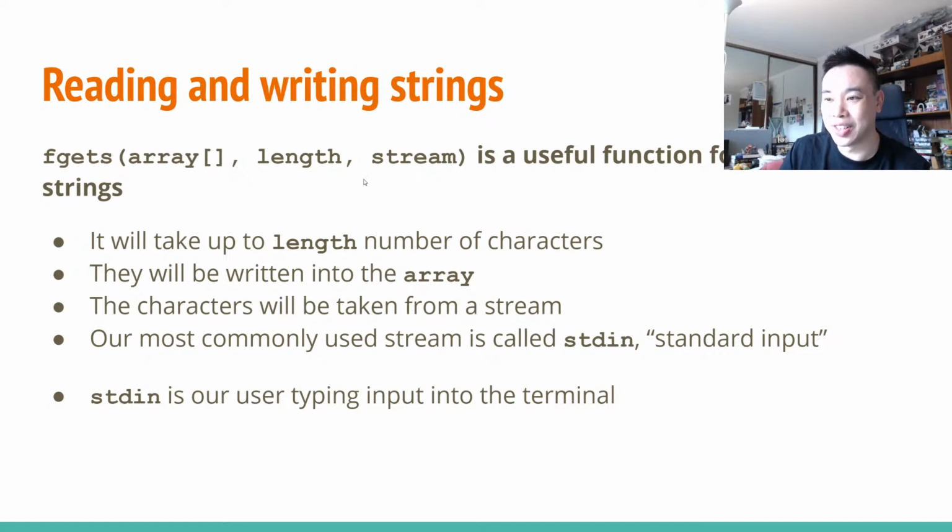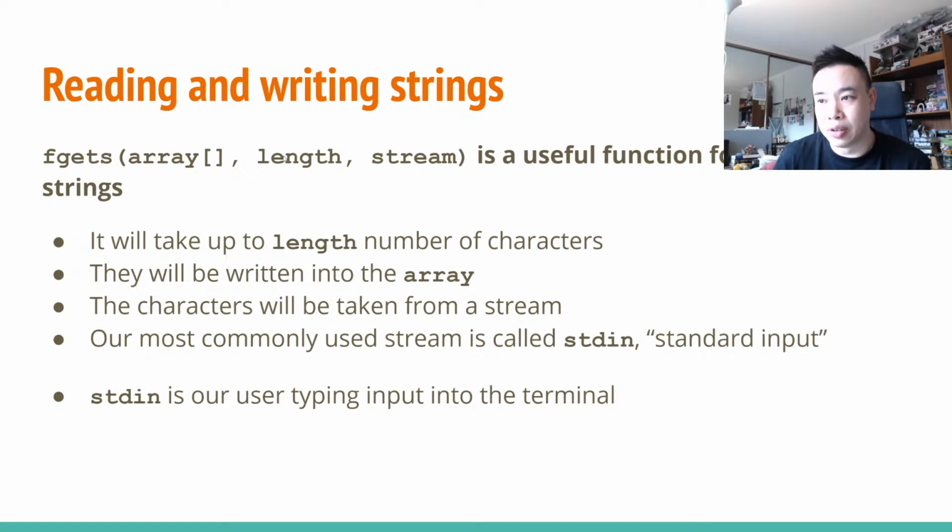We'll get there eventually. But basically, the way we're going to think about this is the array we're going to put stuff into. So we have a string, an empty string or something prepared to receive the information. And the length says this is the maximum number of characters that I could read. So when we have the length in our fgets, we want to make sure that that length is the amount of space that we had available in that array.